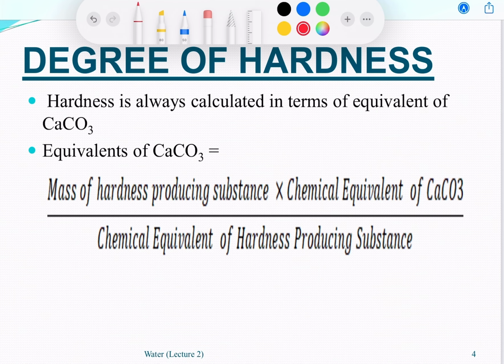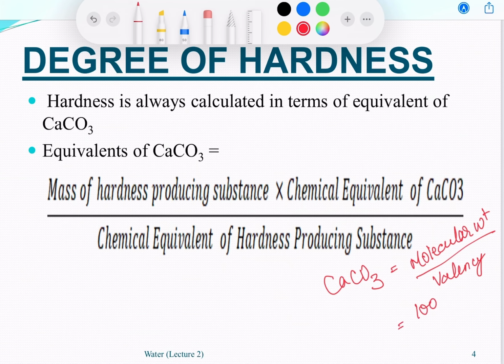So when you are saying calcium carbonate, what is the equivalent weight of calcium carbonate? It is molecular weight divided by the valence factor, or the valency. The molecular weight of calcium carbonate is 100 and the valence factor is 2, so its equivalent weight becomes 50.